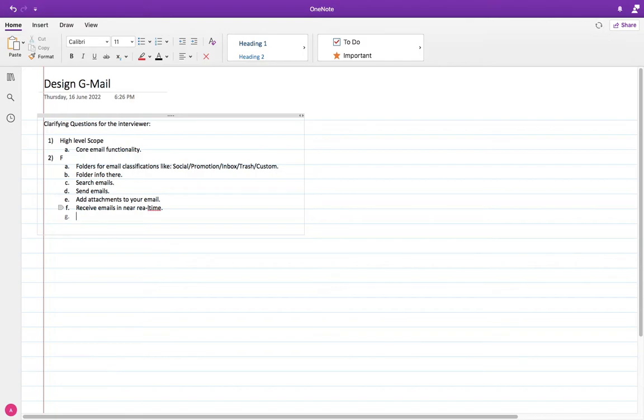There is also multimedia support. You can use emoticons there, right? So a lot of functionalities are supported whenever you open your Gmail application.